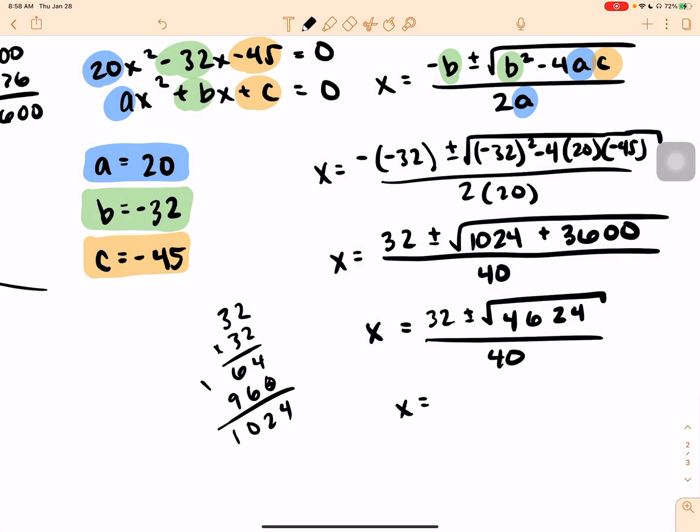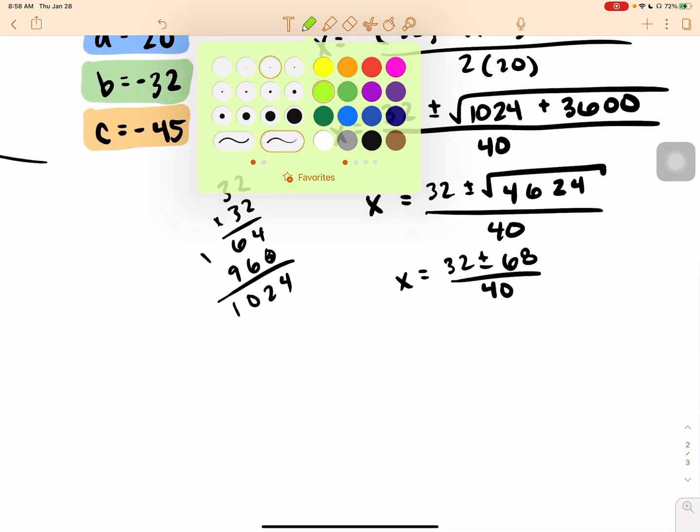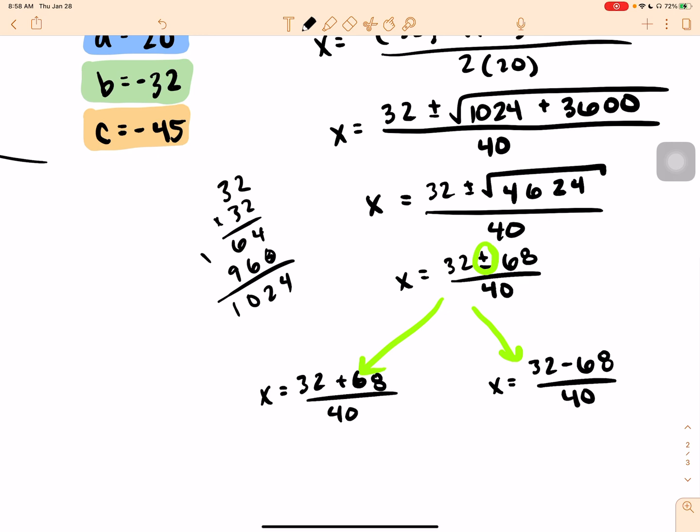So we have x equals 32 plus or minus 68 all over 40, because the square root of 4,624 is 68. So now I need to split. Again, I'm splitting the plus or minus. So I have x equals 32 plus 68 all over 40, and x equals 32 minus 68 all over 40.